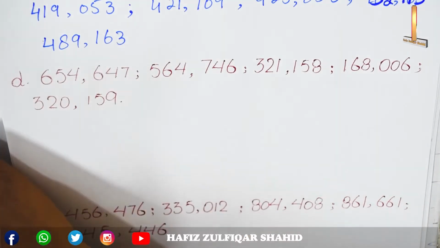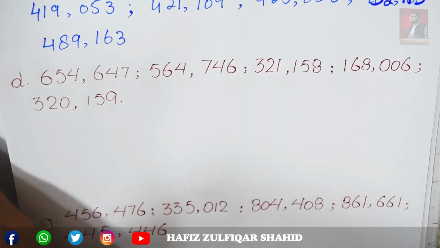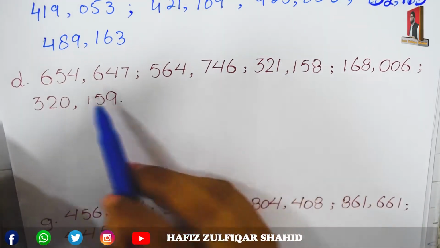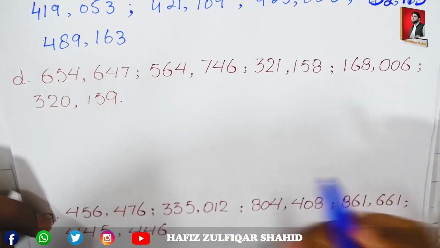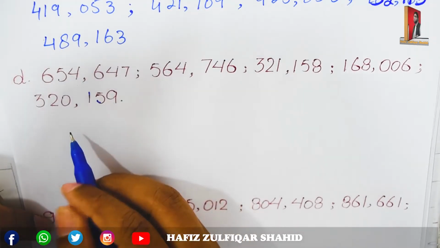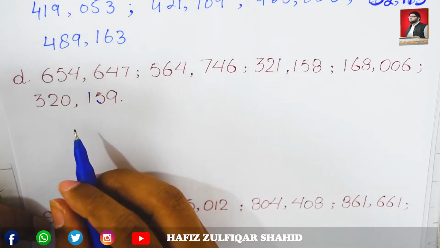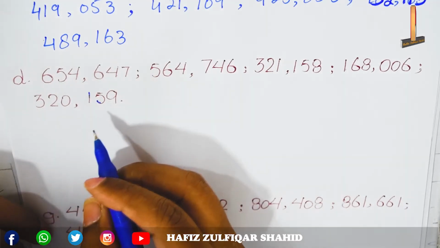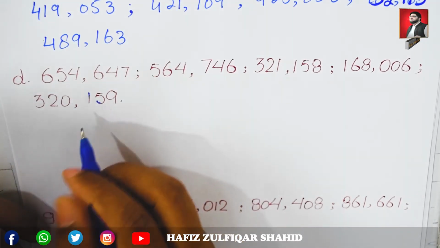And here we have 5 different values. Arrange them according to ascending order, and we know that in ascending order we will start from the smallest number.